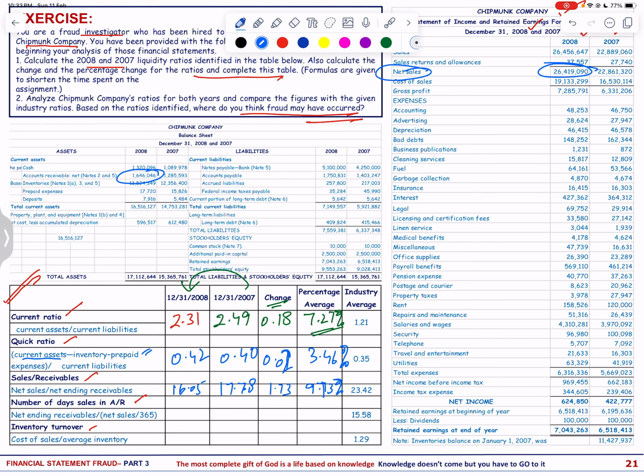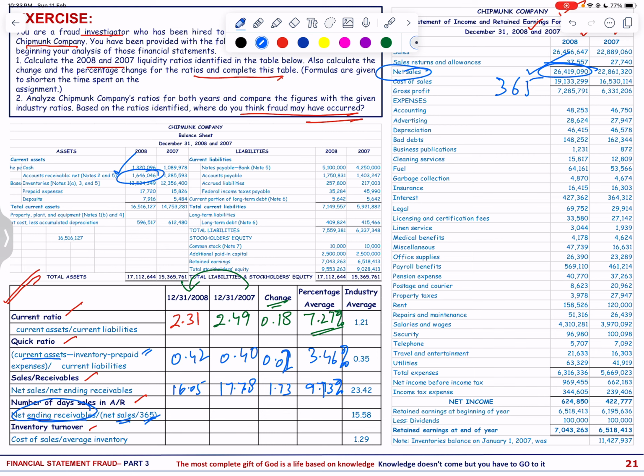Then we look into the number of days sales in accounts receivable. So once again, we have the net ending receivables divided by net sales divided by 365. So we will divide the net sales by 365, and then the net ending receivables are given for the year 2008.